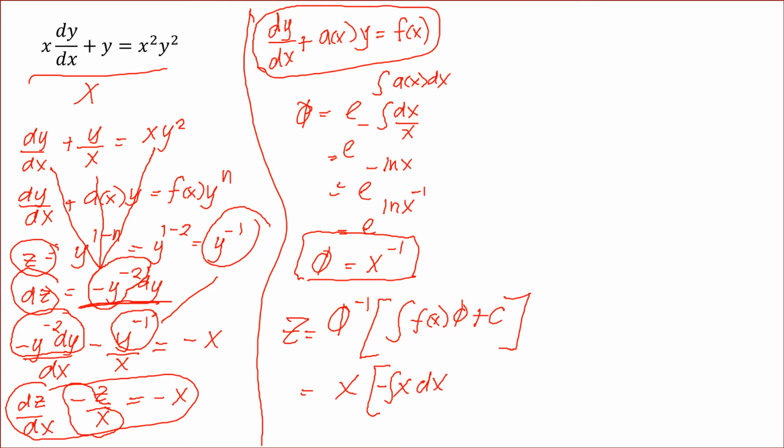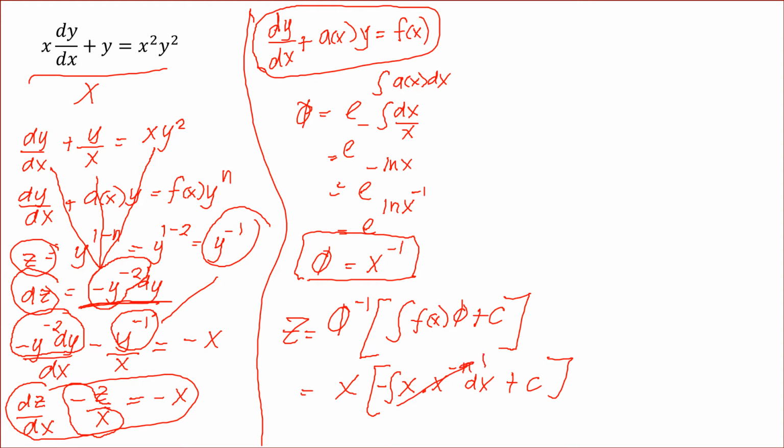Just to make it clear for you, we have your function of x, multiplied by x to the power of negative 1 dx plus c.